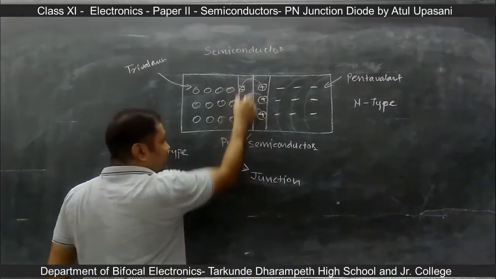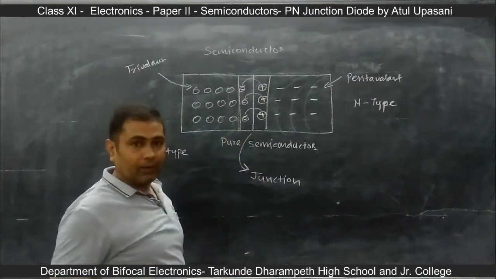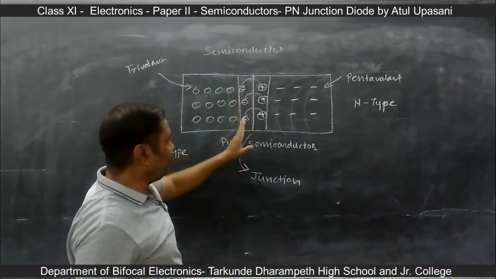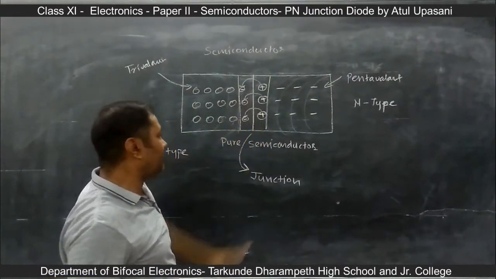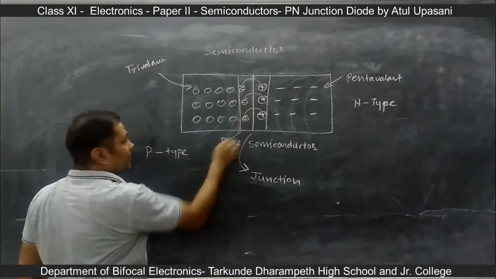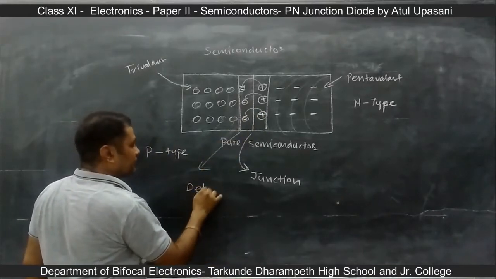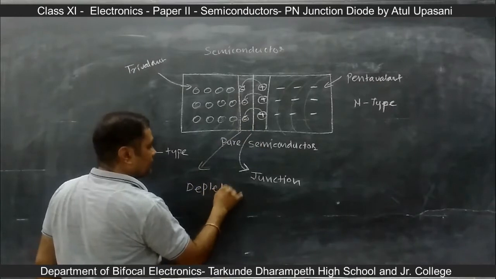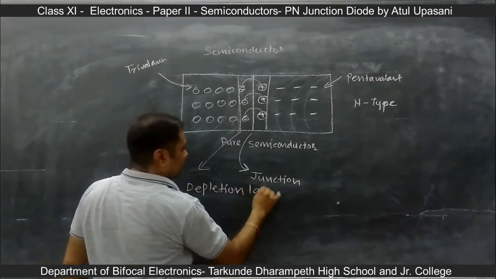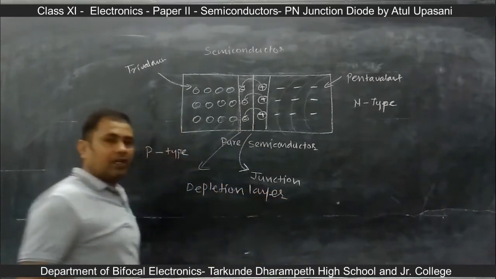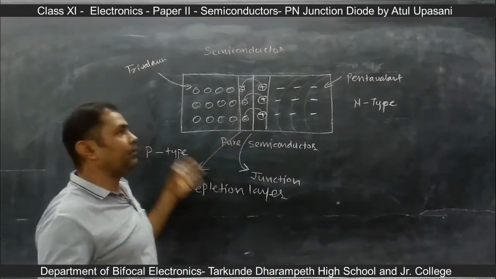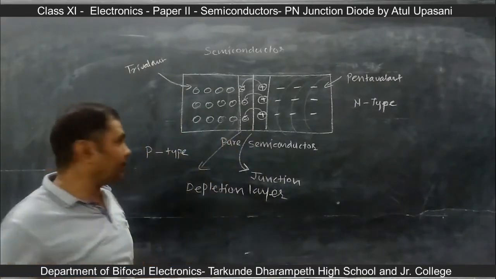So this region is called the wall. And this region, where the positive and negative ions are formed, is called the depletion layer. So there is a formation of the depletion layer when p-type and n-type material join together.